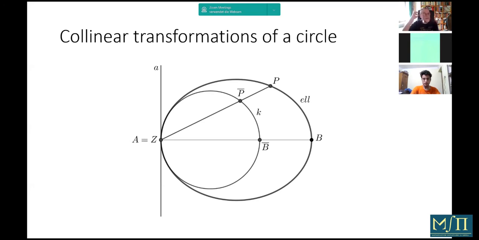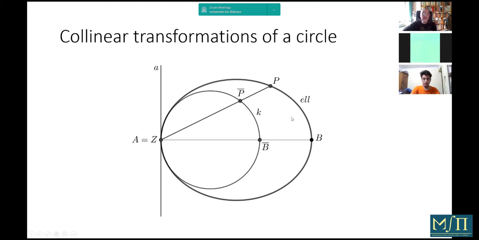And if we want to do a collinear transformation in this way, we can consider something called a perspective collinear transformation. That means that once again there is a line that is made up of all points that stay fixed under the transformation, and there's also a center of the transformation such that all pairs of points that map onto each other under this transformation pass through this common center.